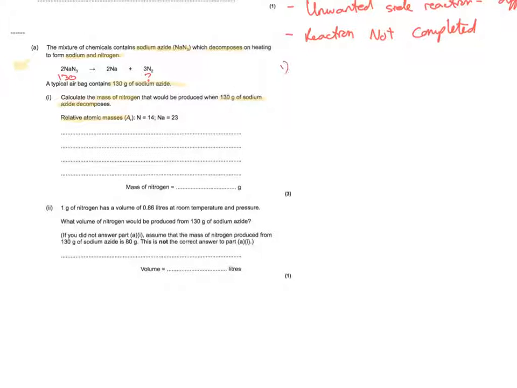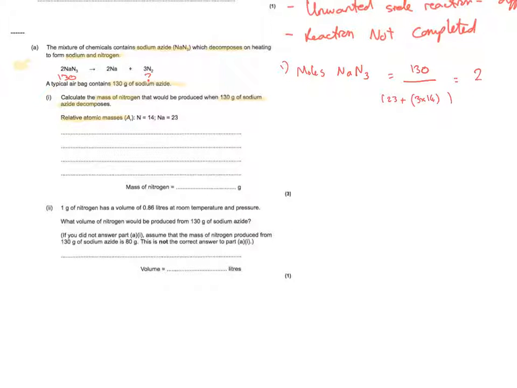So step 1, the moles of what you know. So the moles of sodium azide is the mass, which is 130 grams, divided by the MR. The MR is sodium, which is 23, add 3 lots of nitrogen, which is 14. So if you do this, the number of moles you will get is 2.